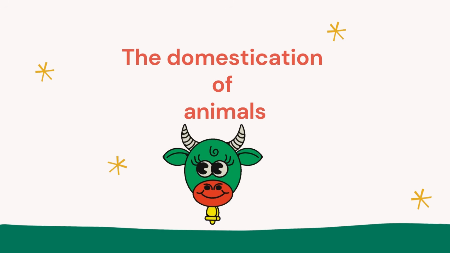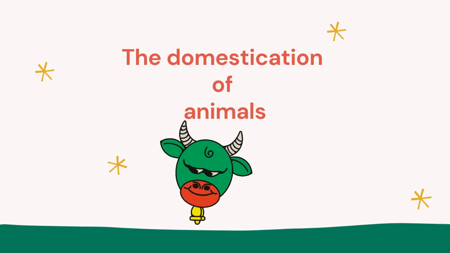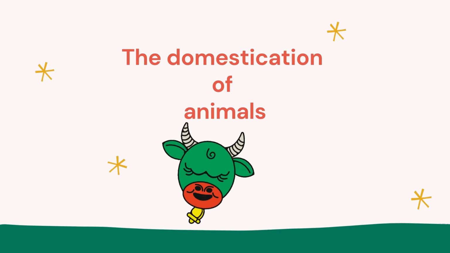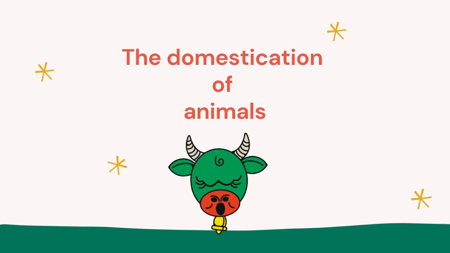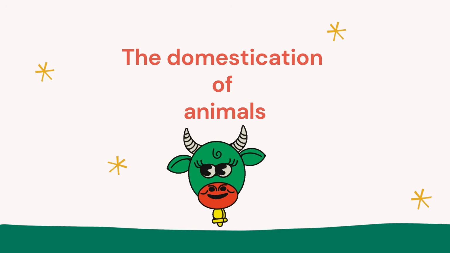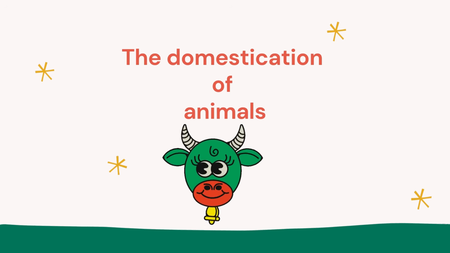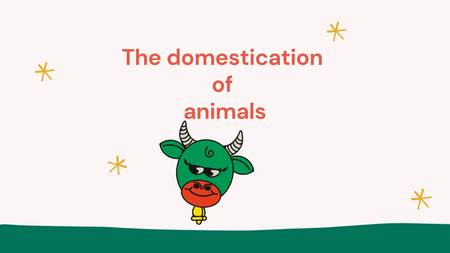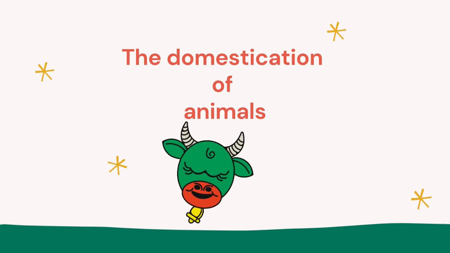Some animals are domesticated to become pets, basically. But we're not going to focus much on that because we'll be dealing with farm animals. So we'll be discussing agricultural animals, basically.